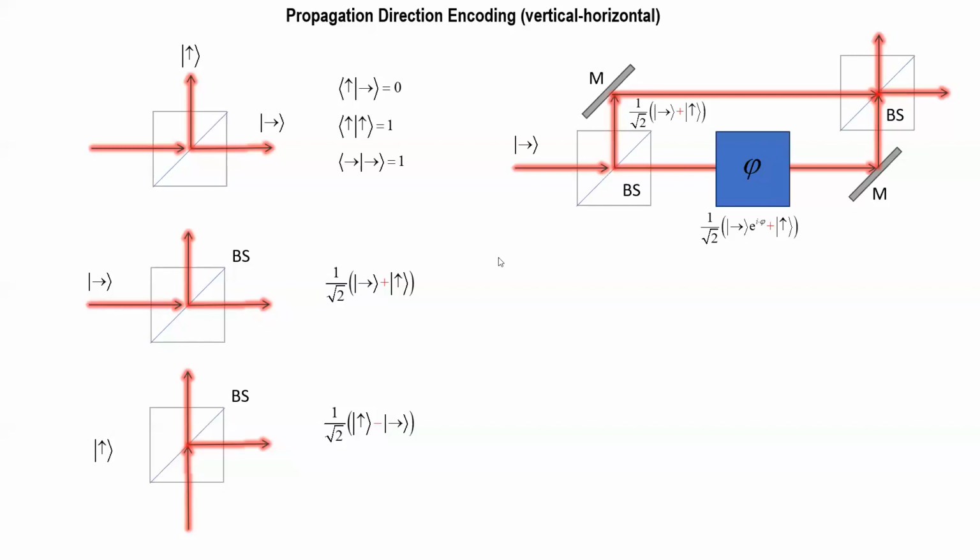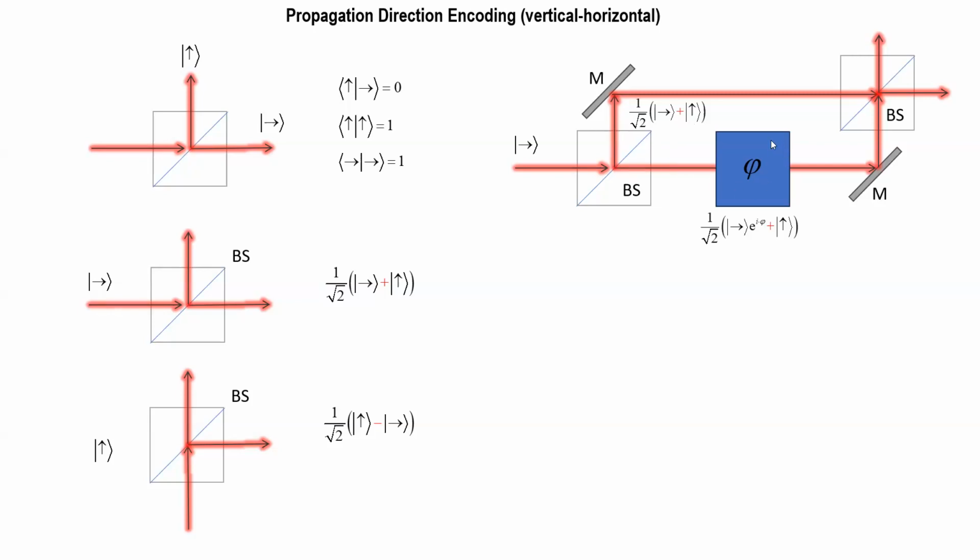All right, so what can I do with these beam splitters? I know that a beam splitter splits the state of one photon into two amplitudes. So for example, if I have a horizontal incoming photon, it's split into two amplitudes with the same probability amplitude, horizontal and vertical states, okay?